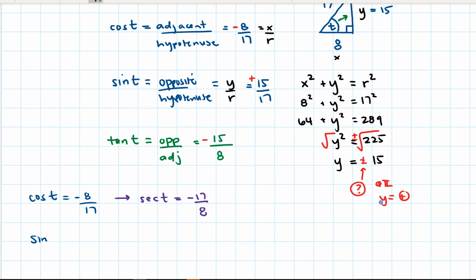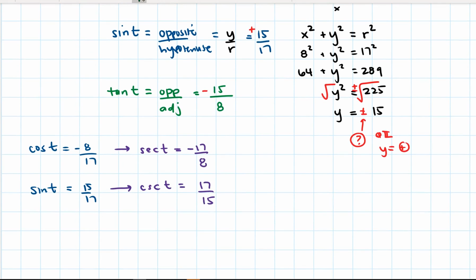Similarly, I have sine of t, which we calculated as 15 over 17. Cosecant of t is hypotenuse over opposite, or the reciprocal of the sine. So we should have 17 over 15.